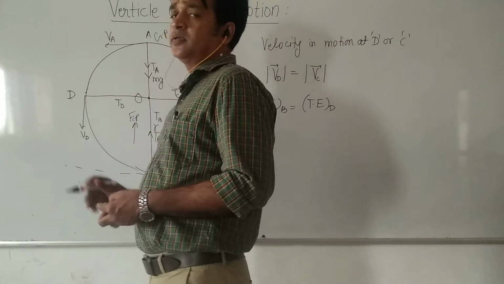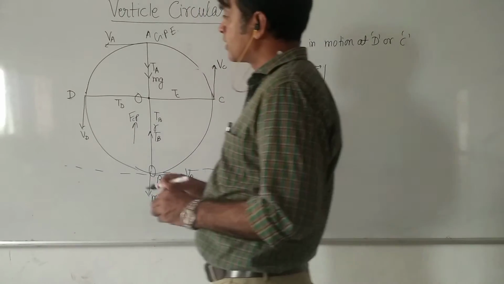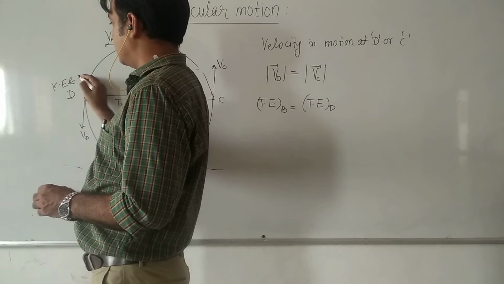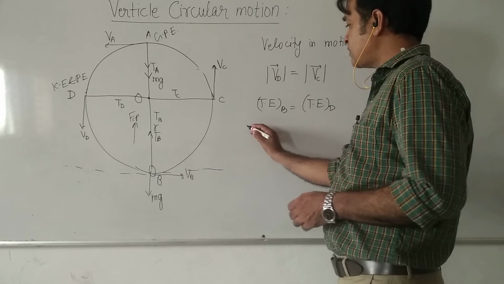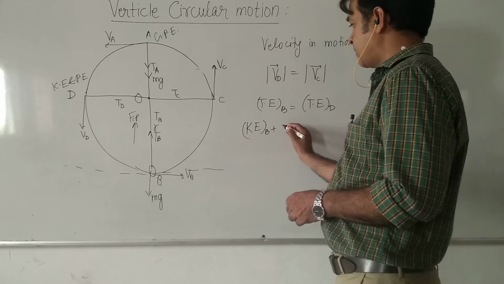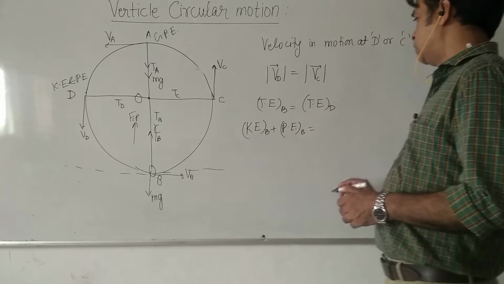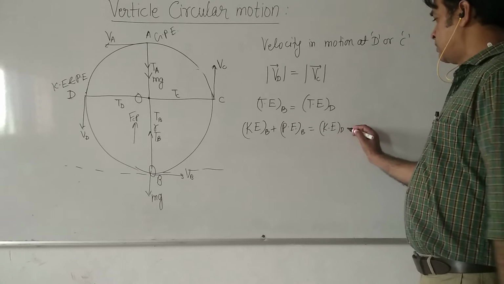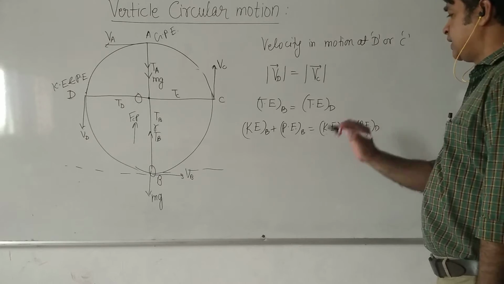But at this point there is both kinetic and potential energy. So we can write K plus P equal to K plus potential energy at D point.